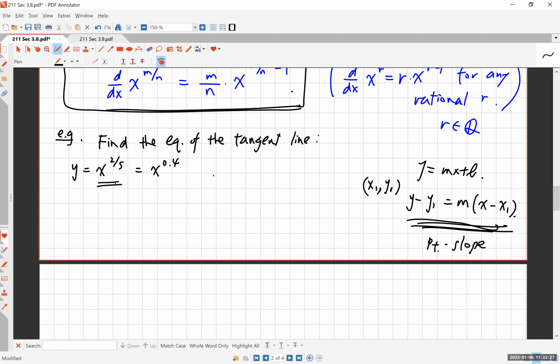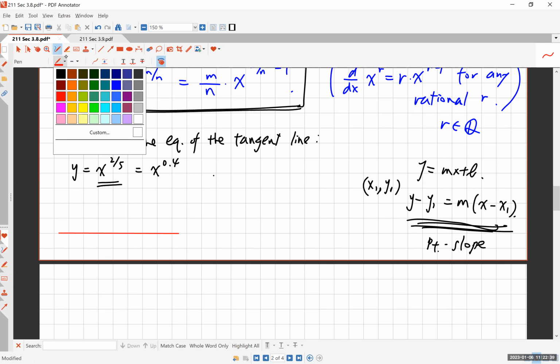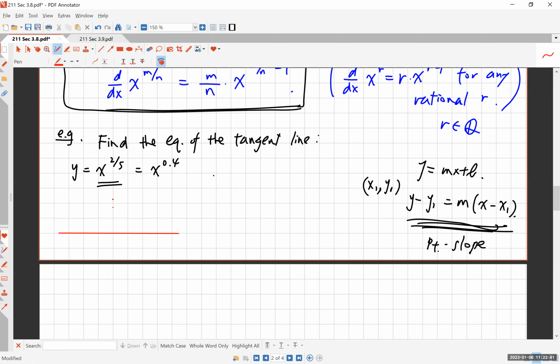Now, you probably can't just picture the graph of this function. I certainly couldn't until I graphed it using my graphing calculator. The graph of this function is going to go down like this, and then comes up like this. There's a sharp corner where the derivative becomes infinite.